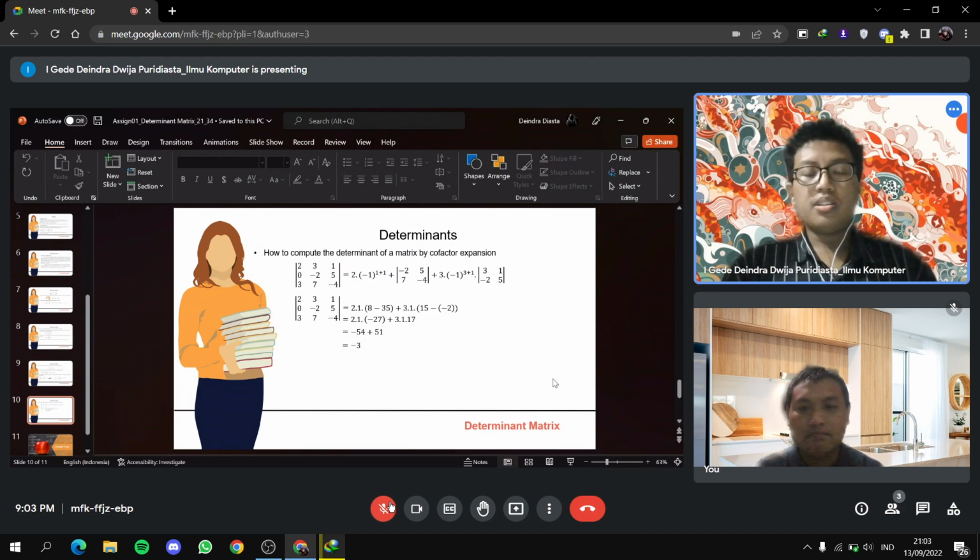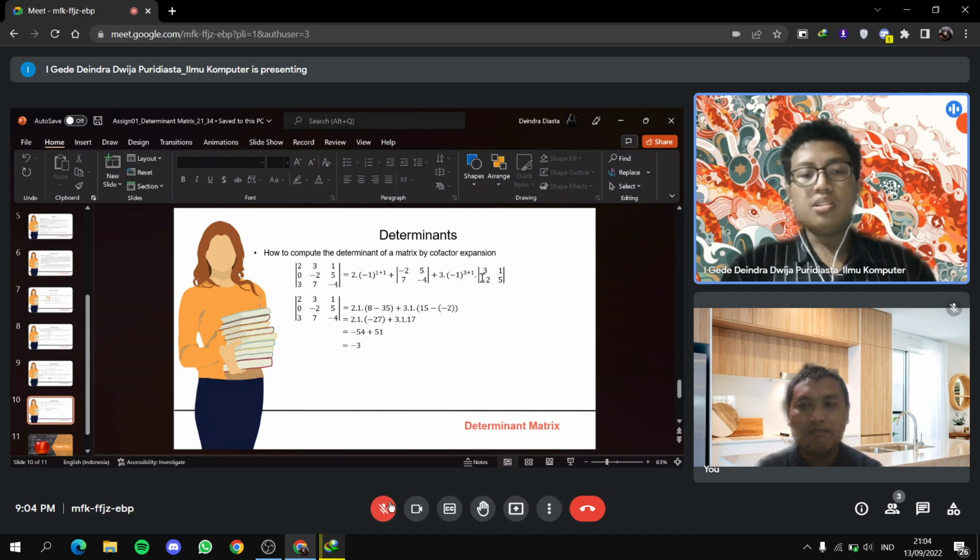Next, we're going to compute the 2 times 2 matrices and find the cofactors. The formula is going to be like this. The determinant equals 2 times minus 1 to the power 1 plus 1 times the determinant, plus 3 times minus 1 to the power 3 plus 1 times the determinant.